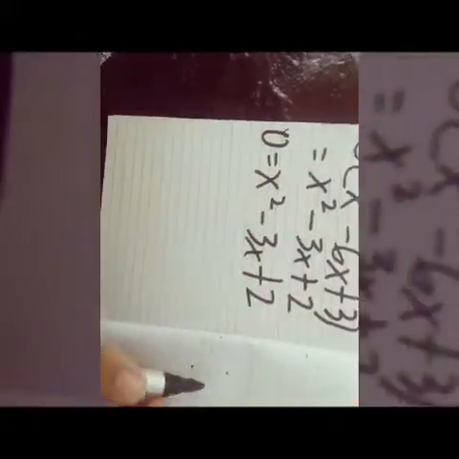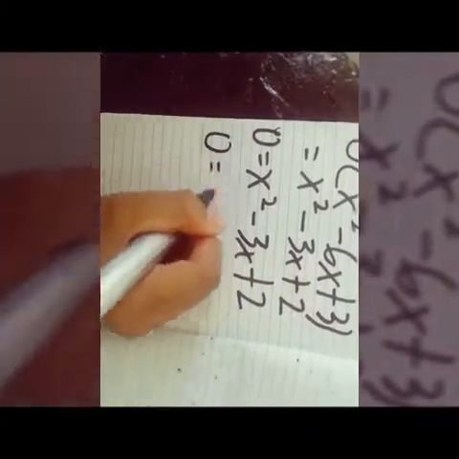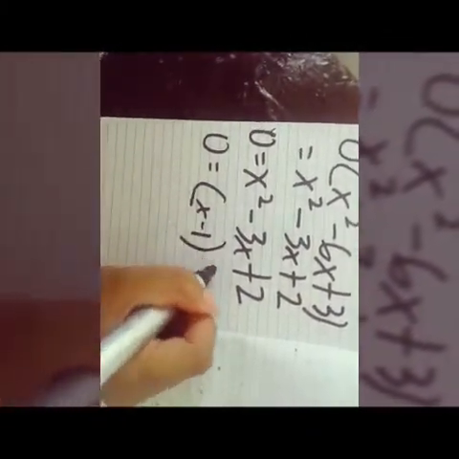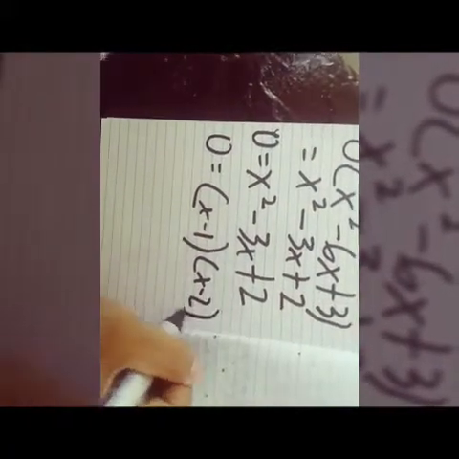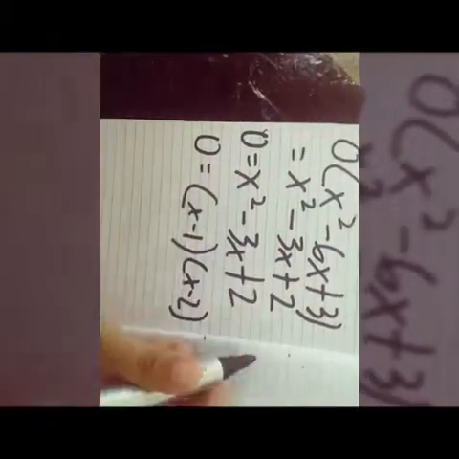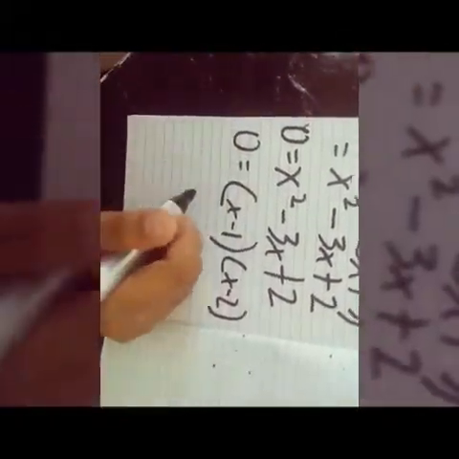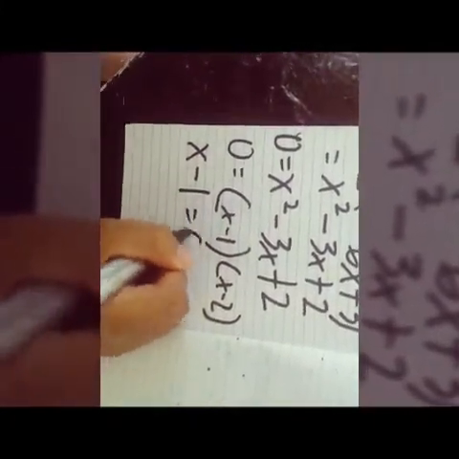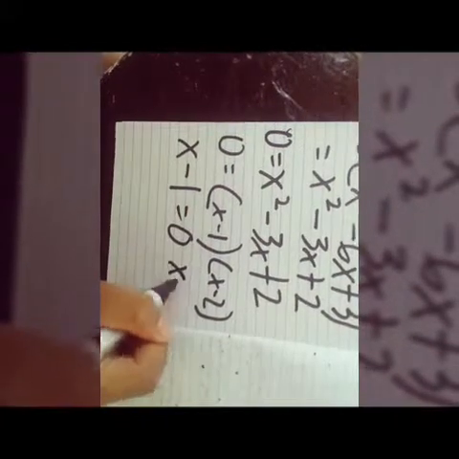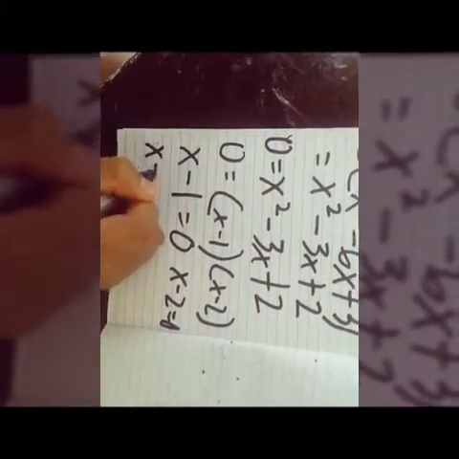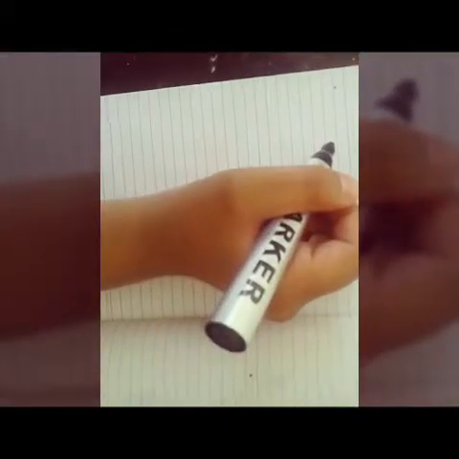We must factor. 0 equals x minus 1 times x minus 2, and we have to find the vertical asymptote. x minus 1 equals 0 and x minus 2 equals 0.